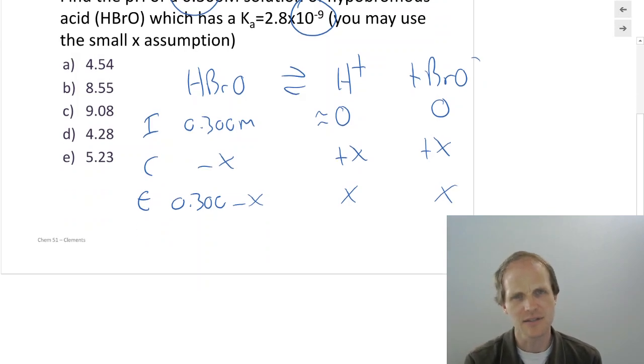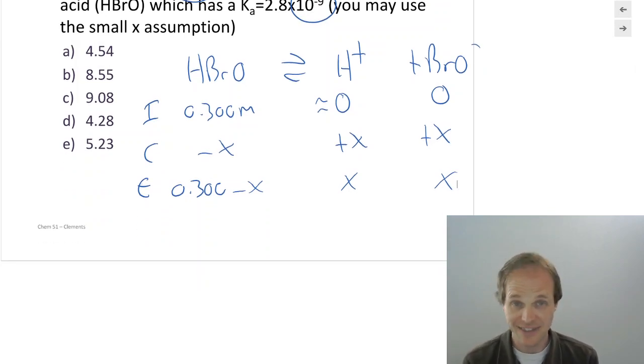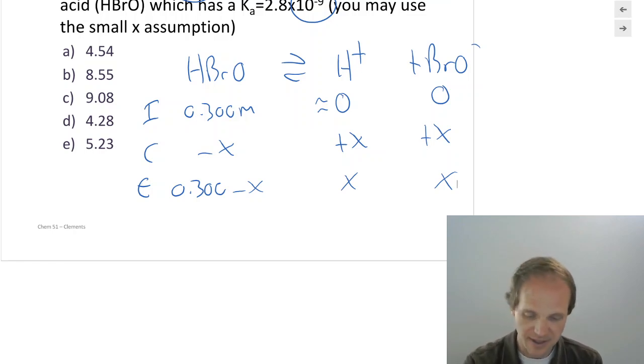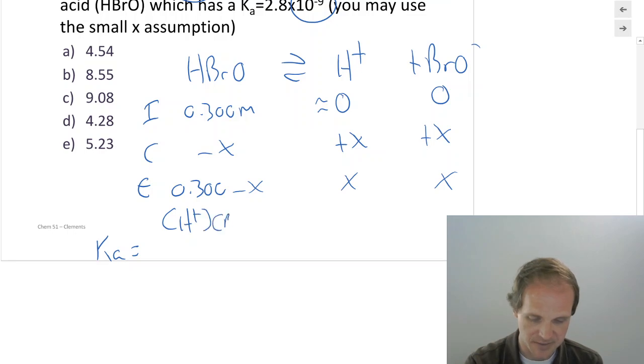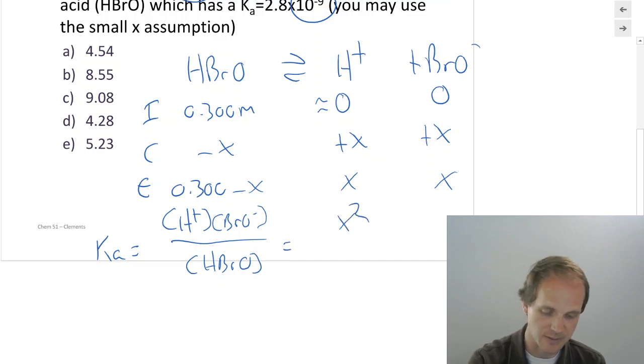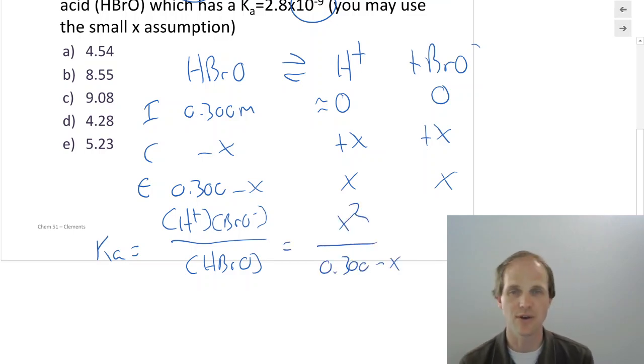You're like, hey, that looks a lot like our last ICE table. Yeah, these ICE tables, they're all almost entirely identical. You end up with Ka equals H+ times BrO- over HBrO, and you end up with x squared over 0.300 minus x, and you're going to see that over and over again.